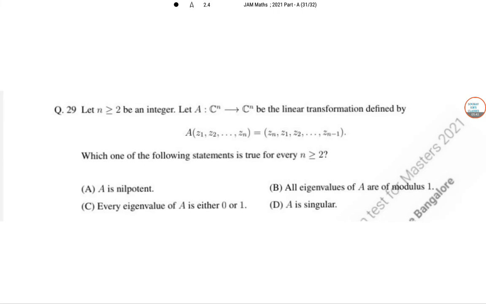Question 29. Let n greater than or equal to 2 be an integer. Let A from C^n to C^n be a linear transformation defined by A of (z1, z2, ..., zn) equals (zn, z1, ..., z of n minus 1). Which of the following statements is true for every n greater than or equal to 2?